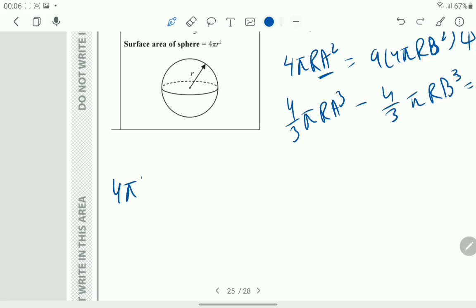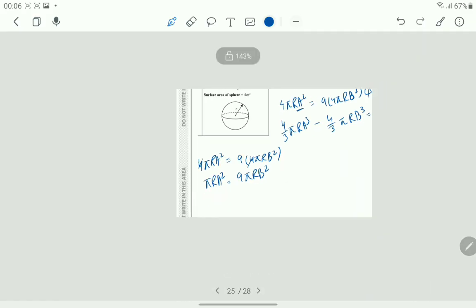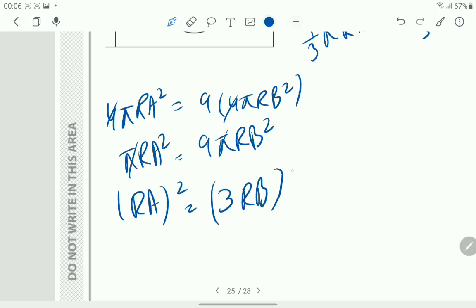So 4 pi RA square is 9 times 4 pi RB squares. 4 and 4 cancel each other out, so this is pi RA squares equals 9 pi RB squares, and pi's cancel each other out as well, and so RA square should be equal to 9 times RB squares.